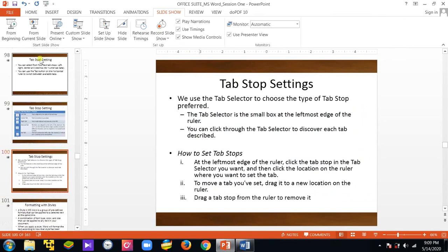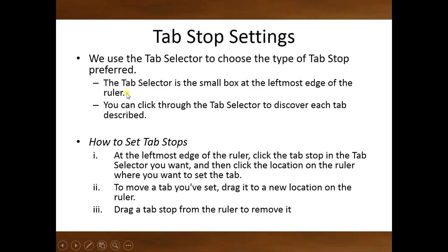But before we go to the demonstration, let us understand that we use the tab selector to choose the type of tab stop that we want to set. The tab selector is the small box found at the leftmost edge of the ruler. You can click through the tab selector to discover each of the tabs that we have described.